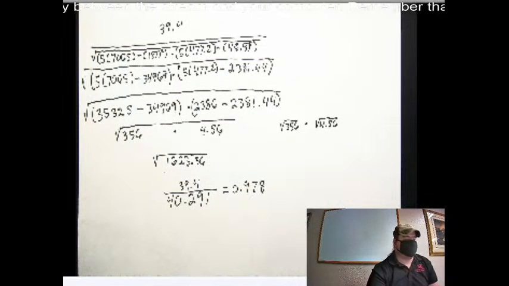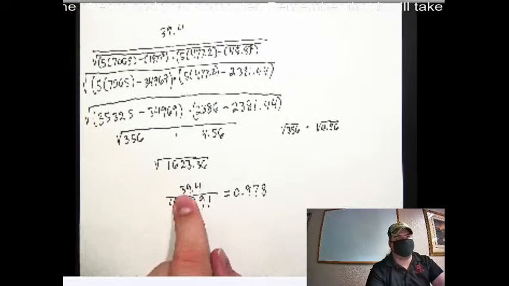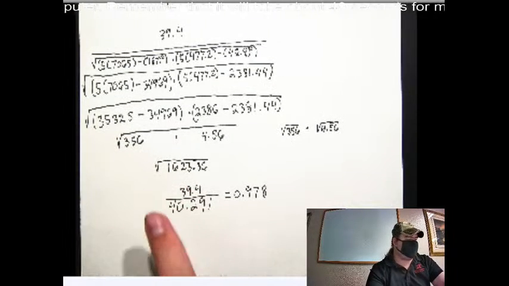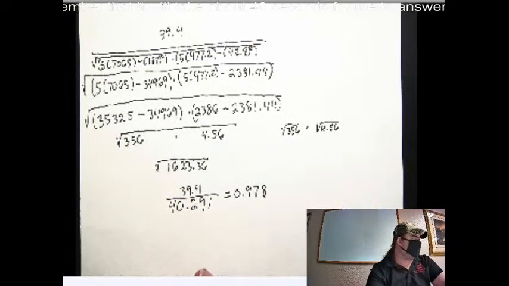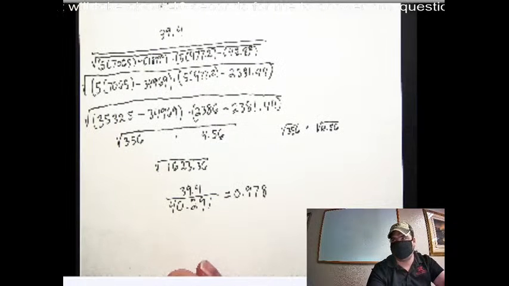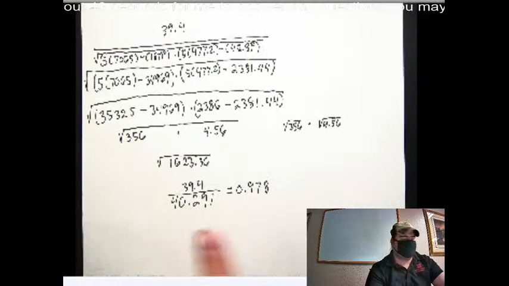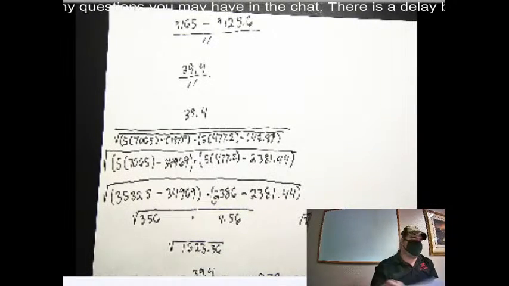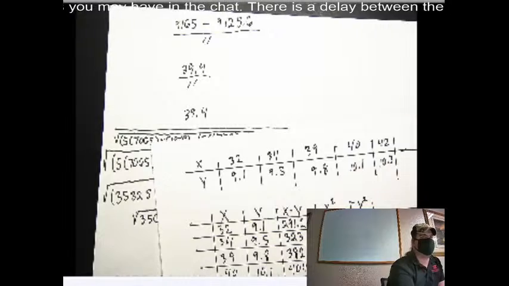Okay? Now, again, these are very similar to each other, aren't they? In fact, if these were the same number, if we had like 40 divided by 40, what would that come out to be? 1. Good. The closer this correlation coefficient is to 1, the more correlation there is between our two sets of data.